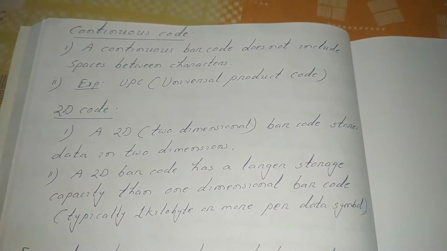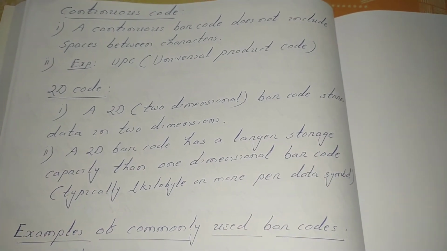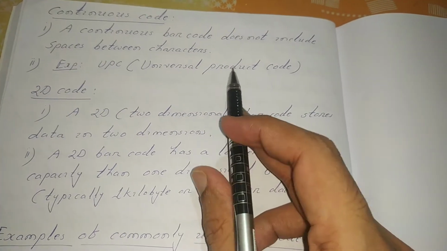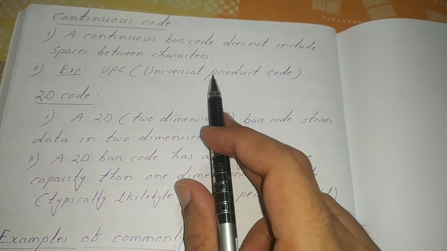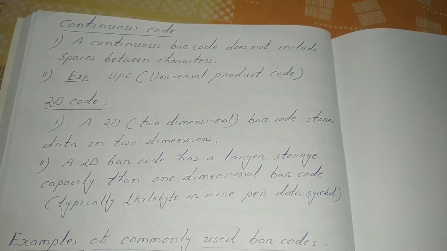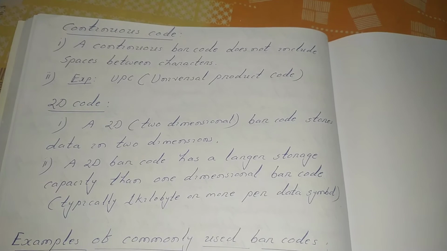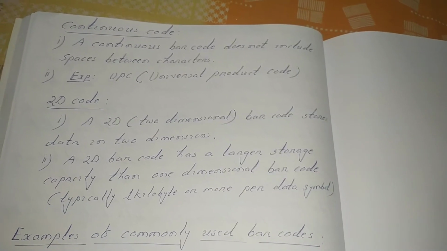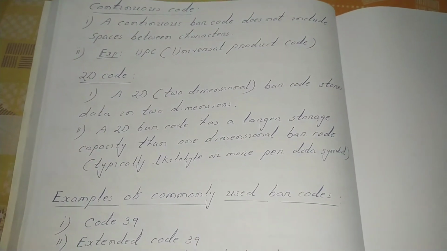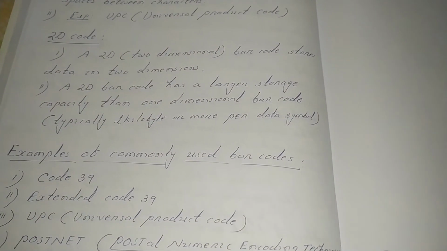The next type of barcode is the continuous barcode. As the name suggests, a continuous barcode does not include any space between the characters. An example is UPC, Universal Product Code. In a discrete barcode, spaces or gaps are there between the characters, but no gap or space is there in a continuous barcode. The last one is the 2D code or 2-dimensional barcode.